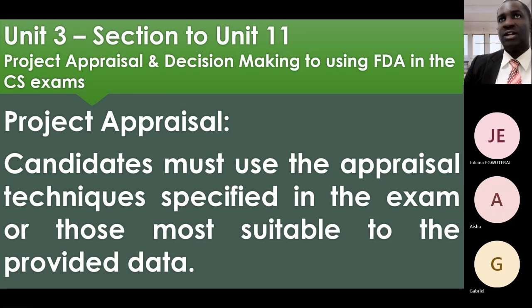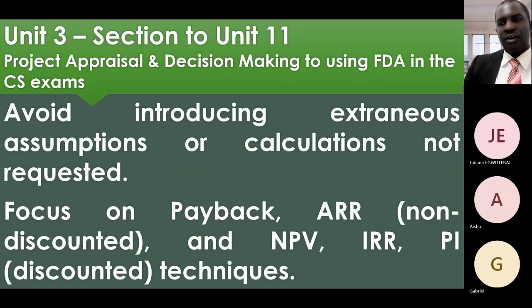Most of the time he gives you an appraisal technique, NPV, profitability index, high-low method, all kinds of techniques, but you must use what he asks. If it's not specific, use your discretion and judgment with the data in the exhibit. Avoid introducing extraneous assumptions or calculations not requested. Extraneous means what is outside the case.